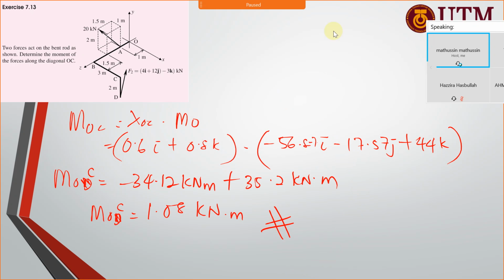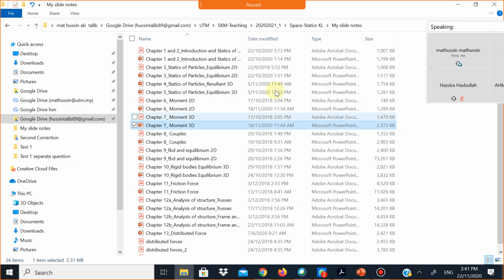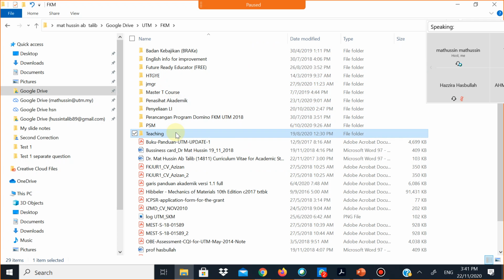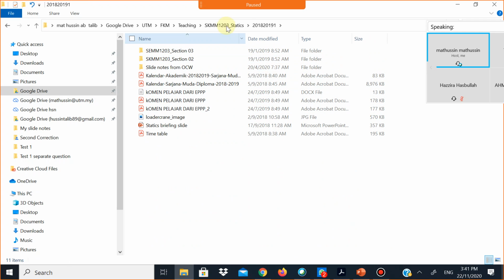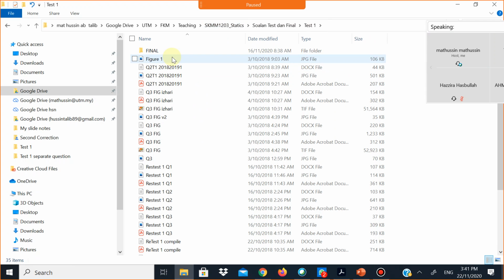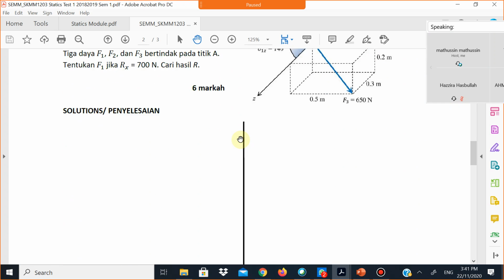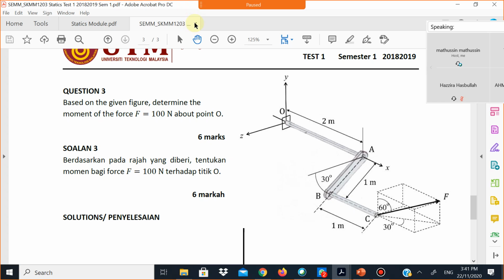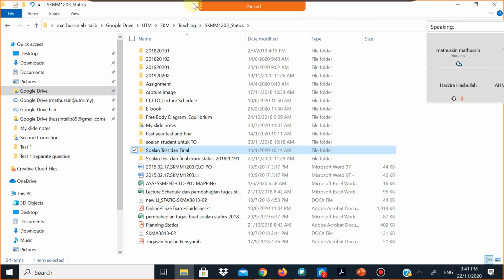Boleh tengok pattern soalan macam mana. Sekejap. Mana soalan ni?